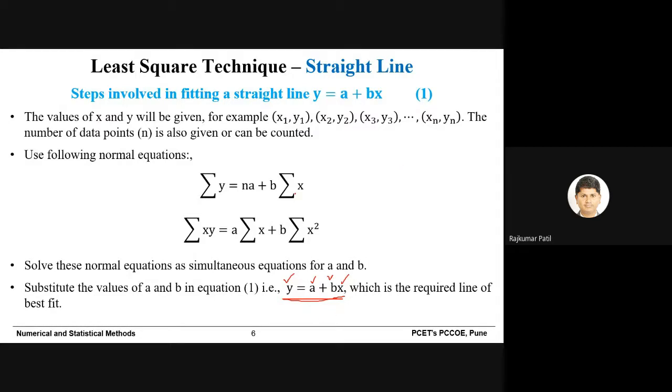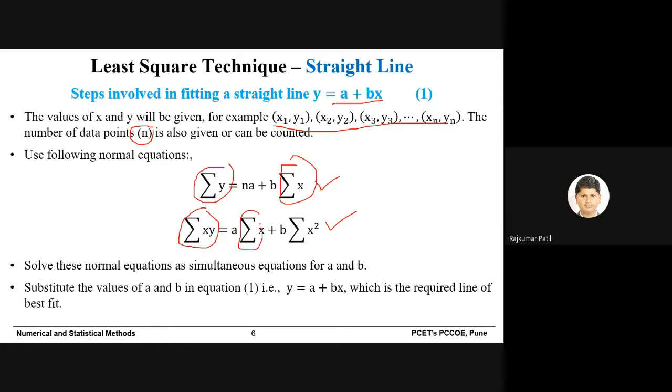So briefly, I will explain the steps once again. So first, the data will be given to you. From that, count how many data points are there. As there are two unknowns, because we are fitting a straight line, you need to use two normal equations. Then you need to prepare a table to calculate the unknowns from the normal equations.